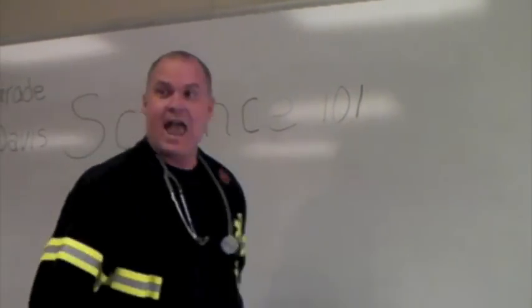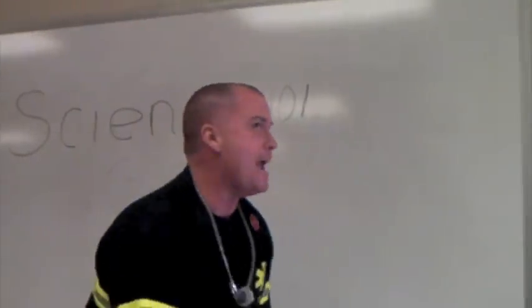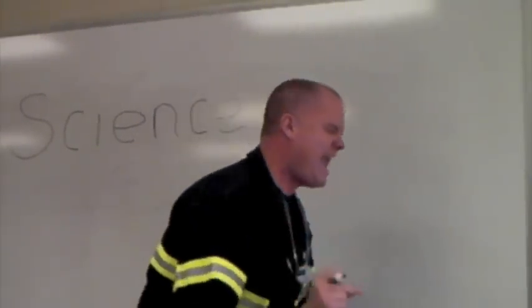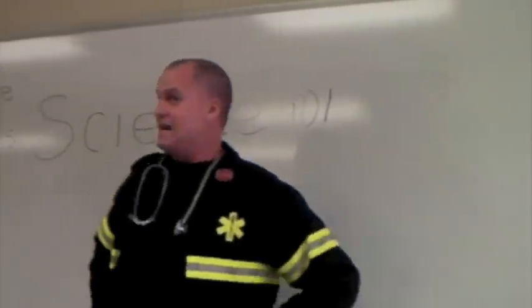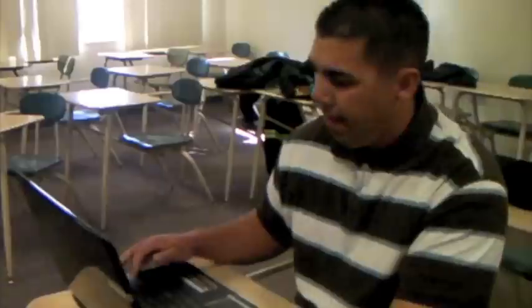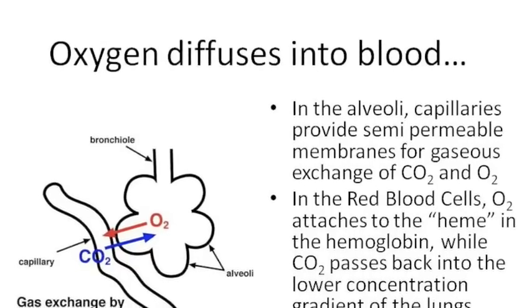All right, number two. How does oxygen get into the blood? Well, it goes through the skin. Number two, skin. Does anybody else have a better idea? Oxygen diffuses into blood, it says, and that's where the gas exchange takes place.